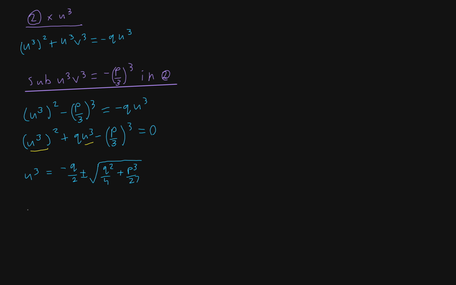And then we can take the cube root, so that we get u is equal to the cube root of -q/2 plus or minus the square root of q squared over 4 plus p cubed over 27, right? And if you also wanted to solve for v in this way, you're going to get the same thing. So this is also the expression for v.